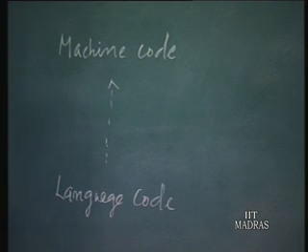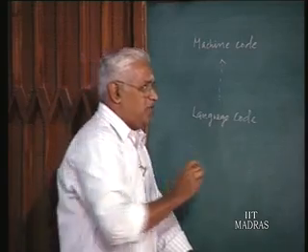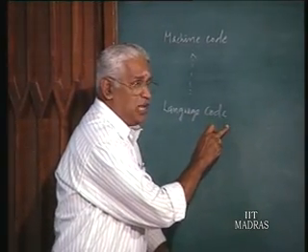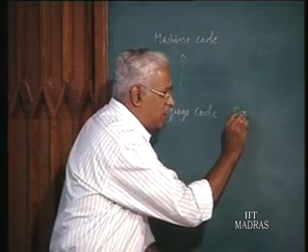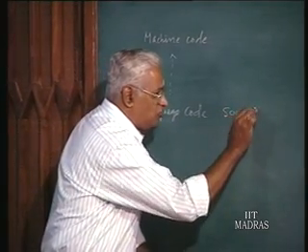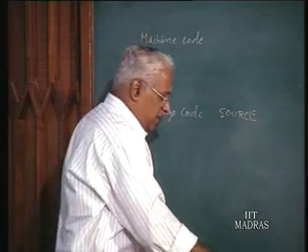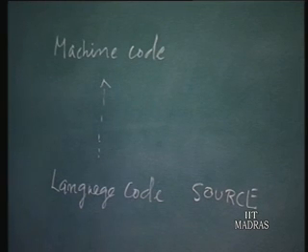Now, since the program is written at this level, and that is the starting point of the whole thing, that is some language. So, this particular one is also called a source code or source level, okay, that is a source code.